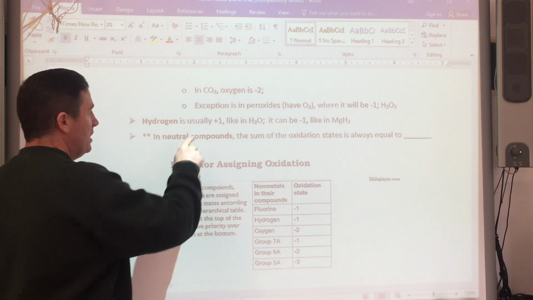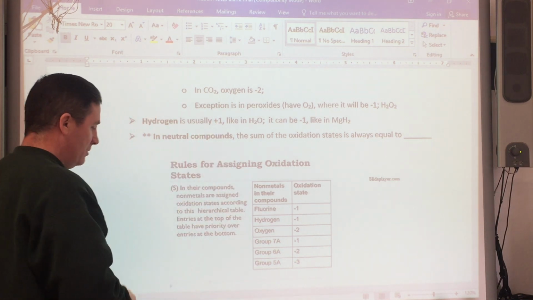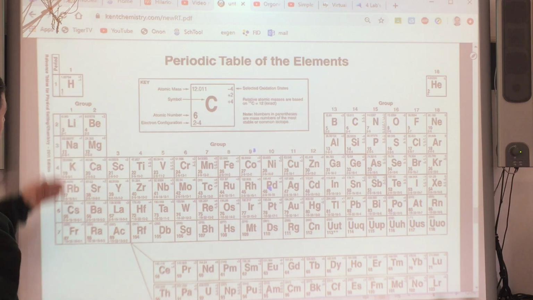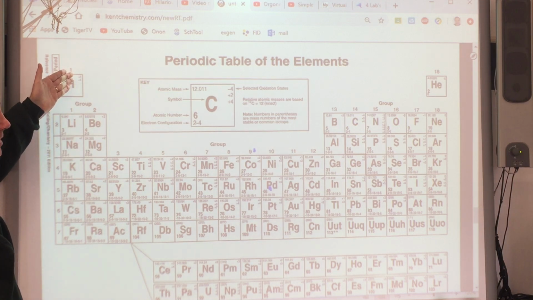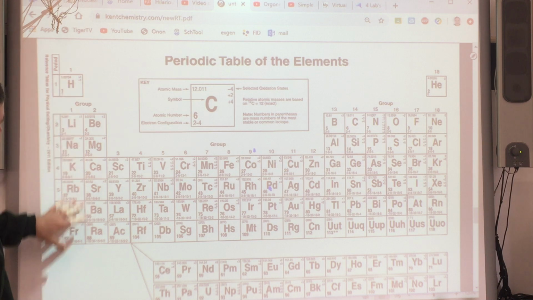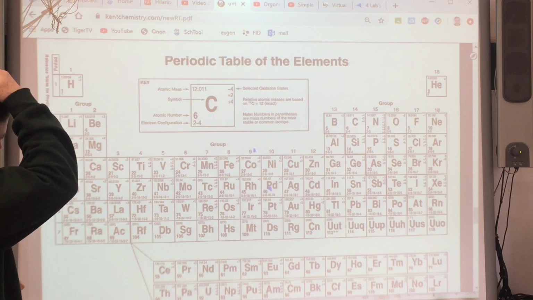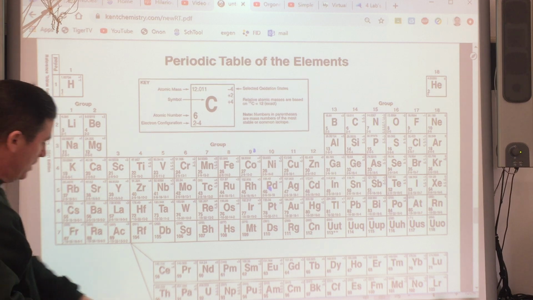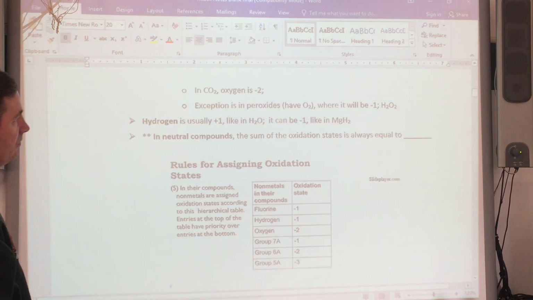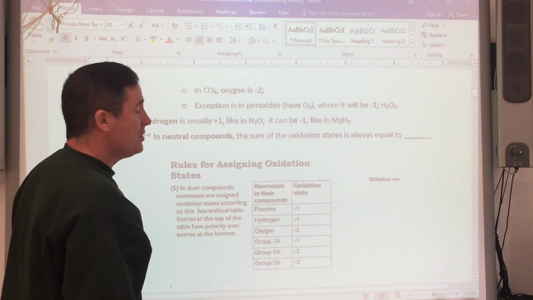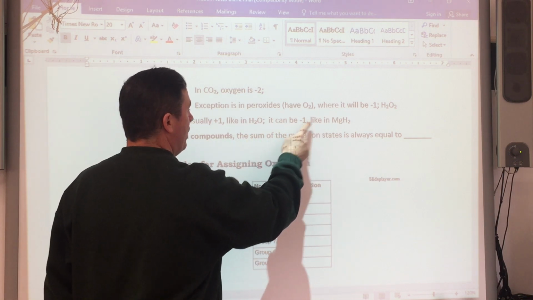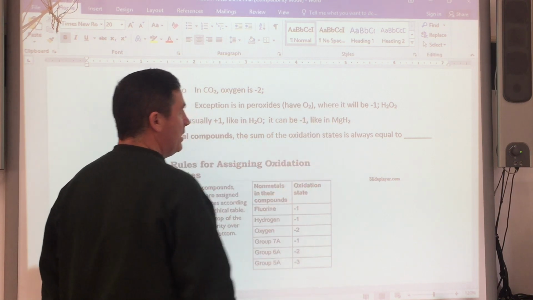Hydrogen, on the other hand, is usually a +1, and we know that because it's up here. But if it is combined with a metal, the hydrogen has a higher electronegativity than the metal and pulls the electron away from the metal, and therefore it can be a -1.